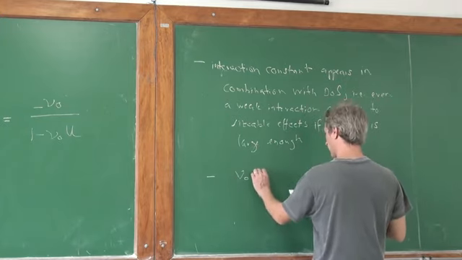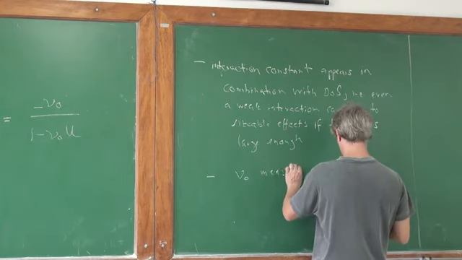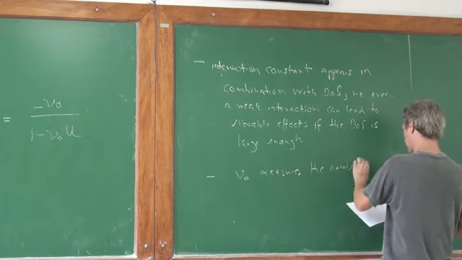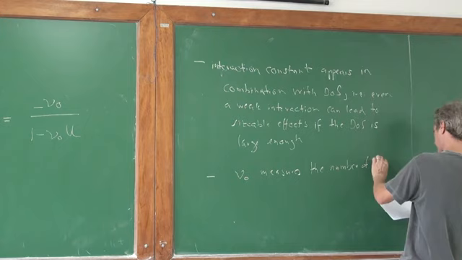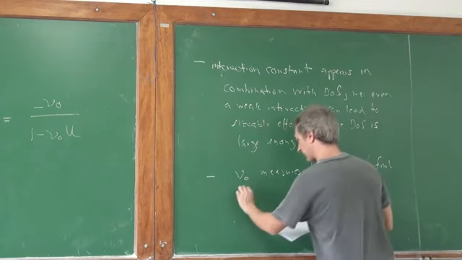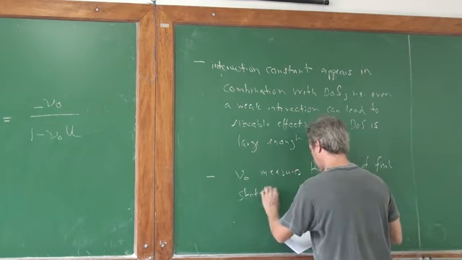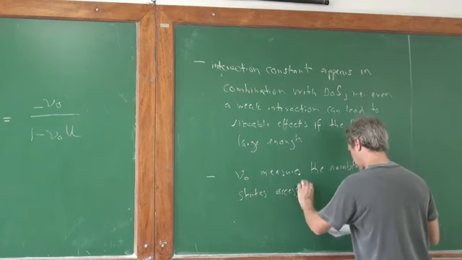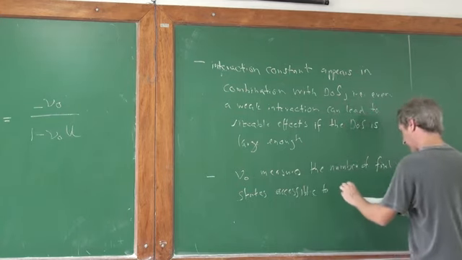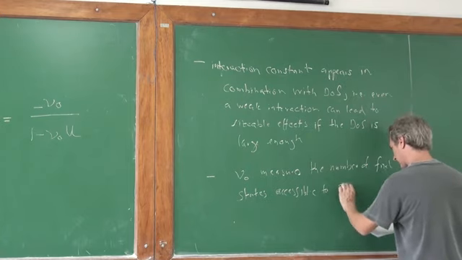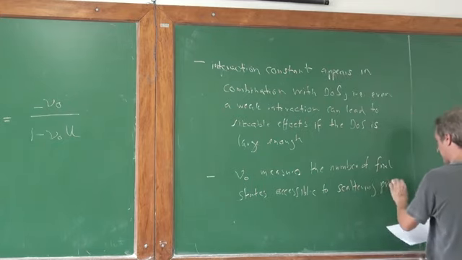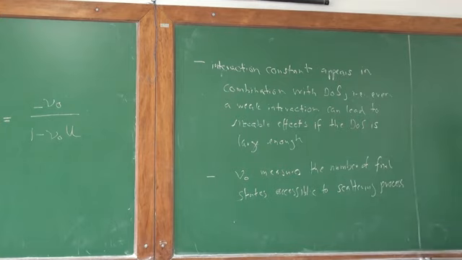So mu0 just measures the number of final states accessible to the scattering process. That's how you know it from Fermi's golden rule or something like this. There is also always the density of states.